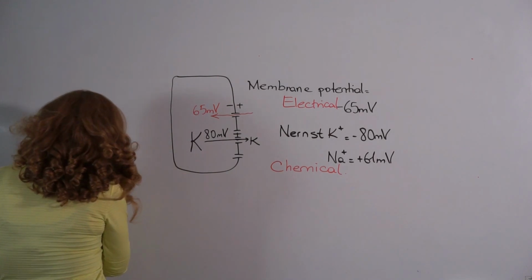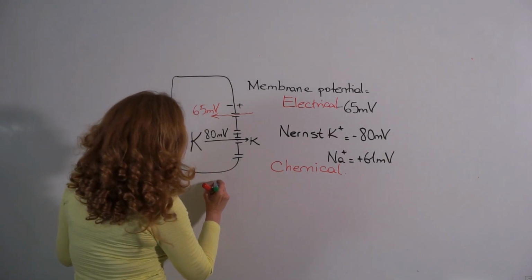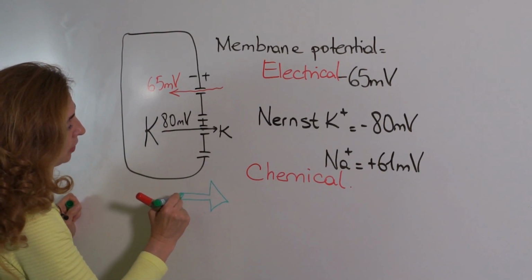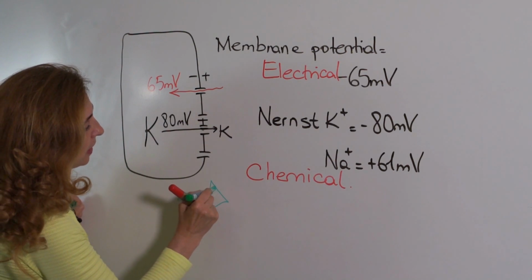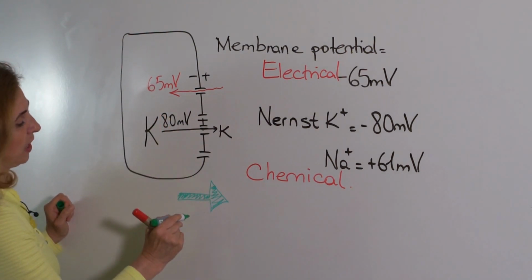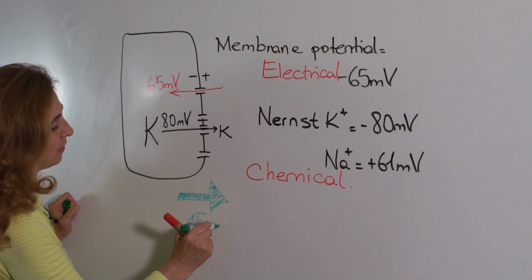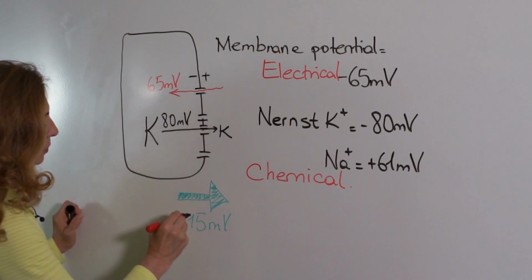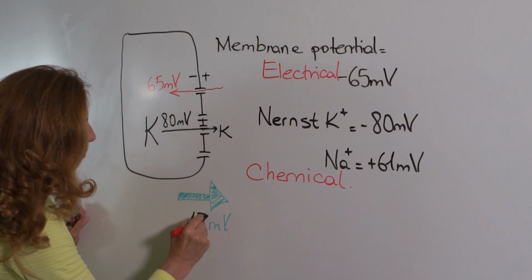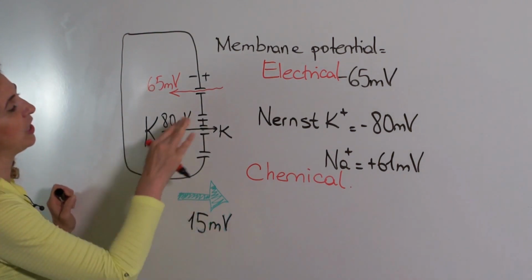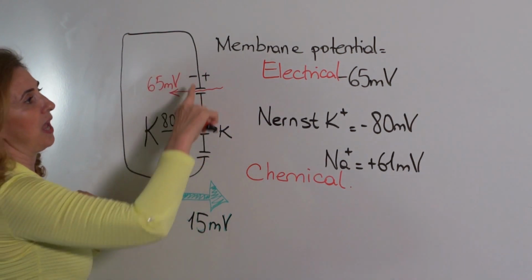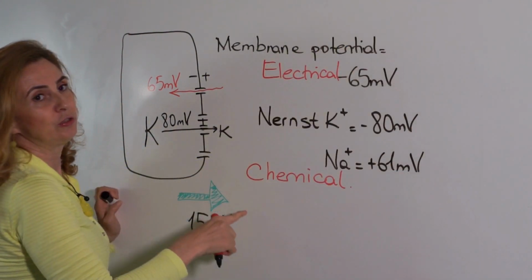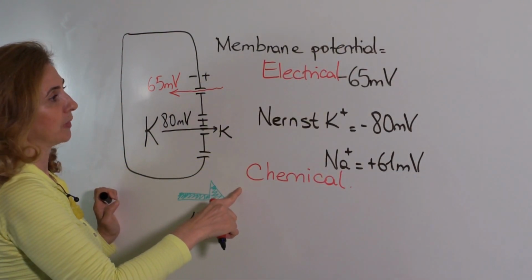The net force is going to be outward. This is our net driving force, and with a force of 15 millivolts, potassium will be moving out of the channels if any channel is opened up under the conditions described here.